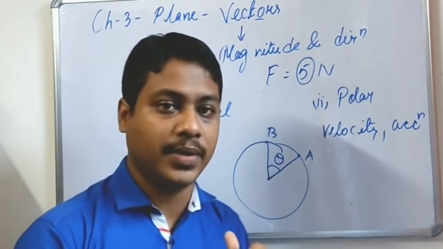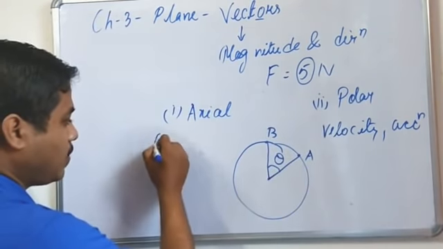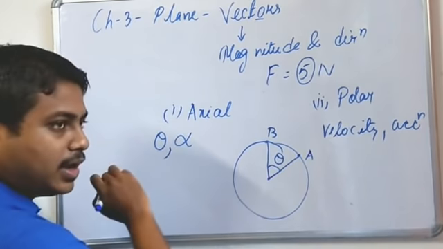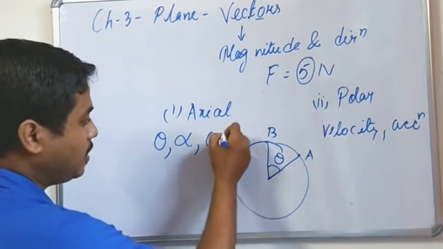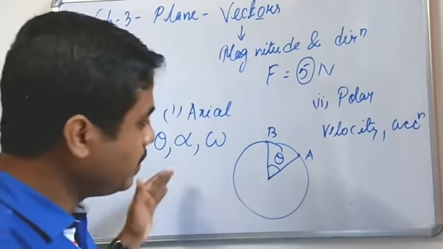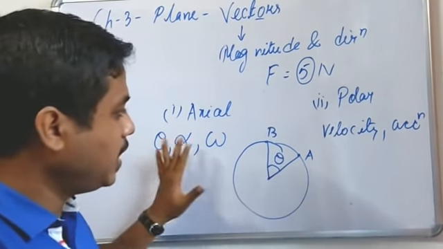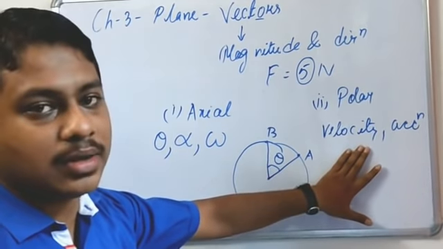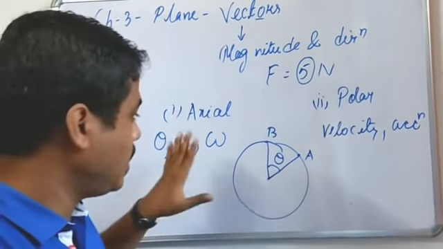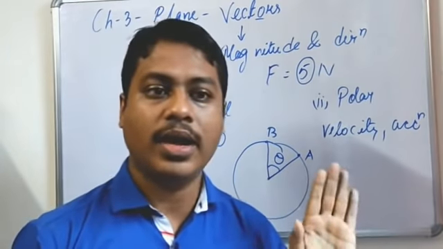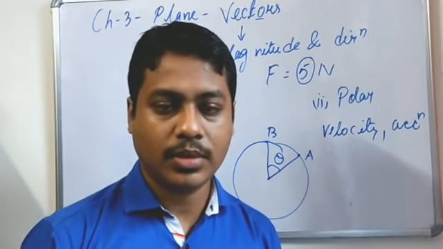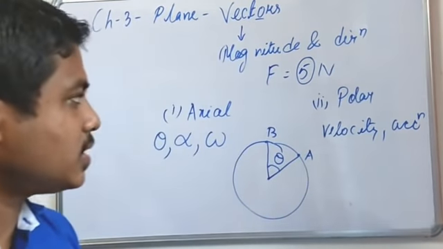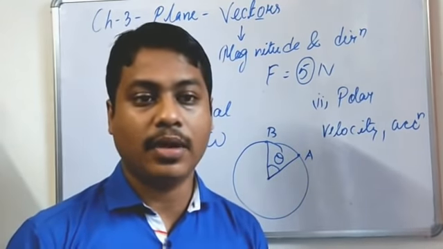Angular displacement is represented by theta, angular acceleration by alpha, and angular velocity by omega. Just remember these are the same as velocity, acceleration and displacement, but considered in terms of angular. Okay. So next, the topic we are going to discuss is the different types of vectors.